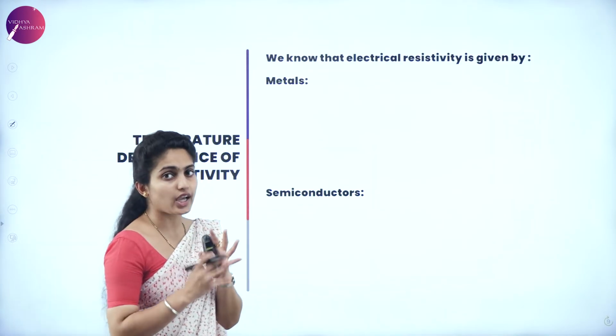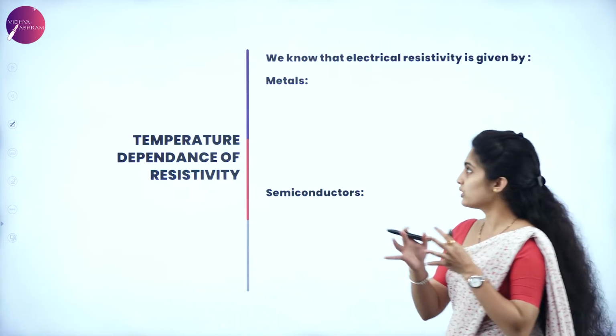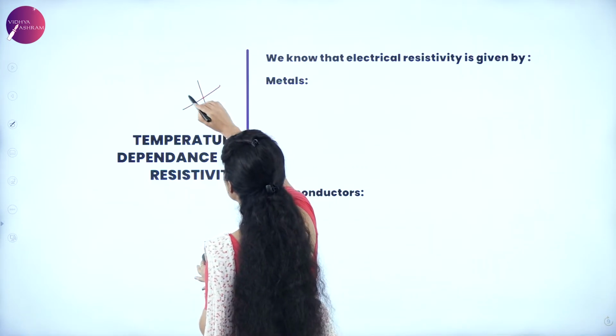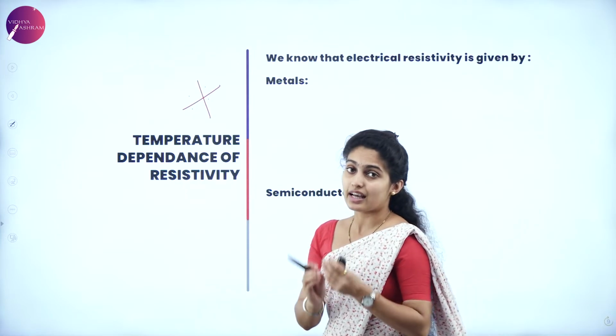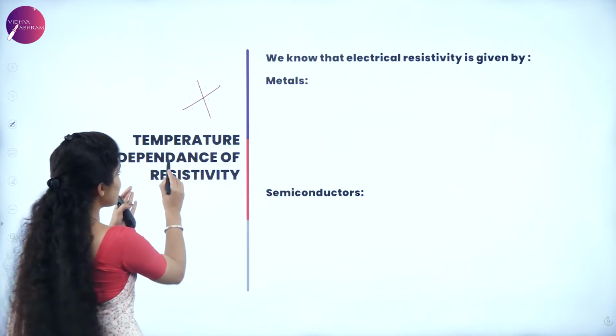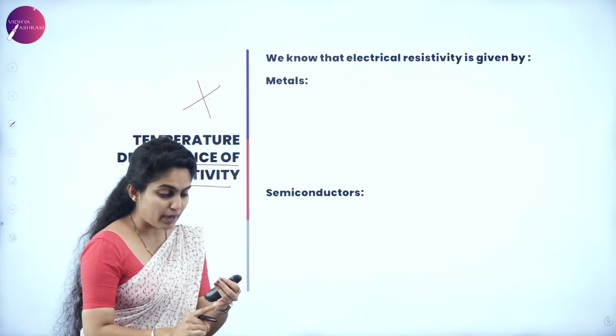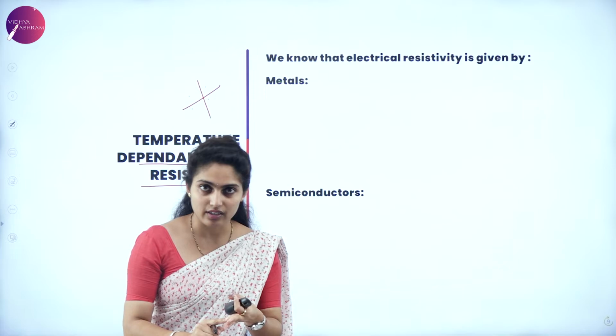So let us check how the resistance depends upon temperature. This is one of the most important topics which will be asked in your boards, that is the temperature dependence of the resistivity in the case of metals, alloys, and semiconductors. Clear?